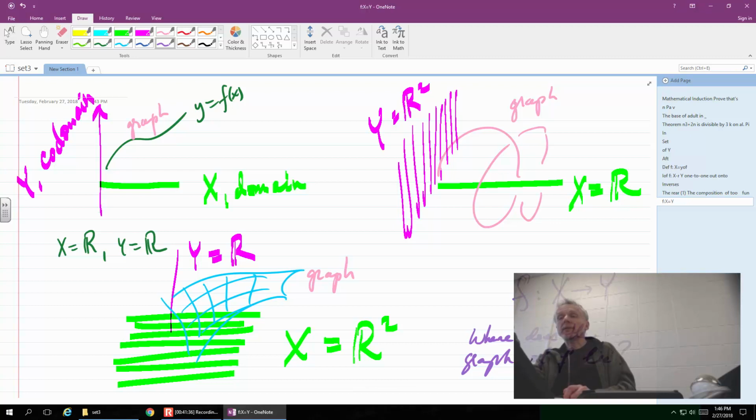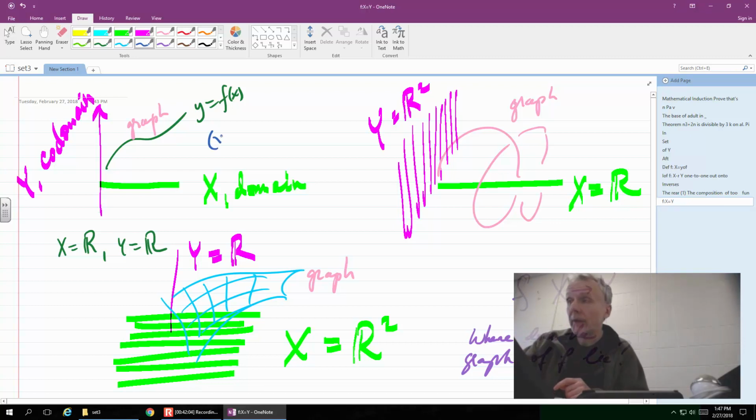Well, look at the first example. The graph lies where? Well, it doesn't have to be first quadrant, but rather it lies on the plane, right? It lies on the plane, specifically the xy plane. And how do you build the xy plane? You take the x-axis and y-axis, and then create pairs of xy's, right?